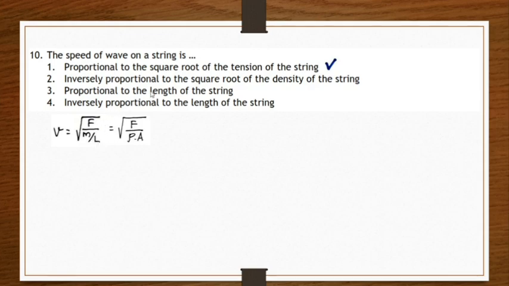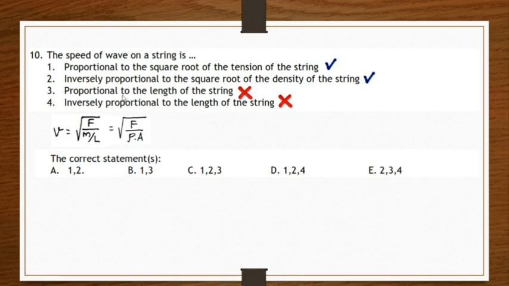So it is inversely proportional to the square root of the density. It is also correct. Proportional to the length of the string? Of course not, because v is not proportional to the length of the string. So it is incorrect. Inversely proportional to the length of the string? It is also incorrect. So the correct statements are 1 and 2.